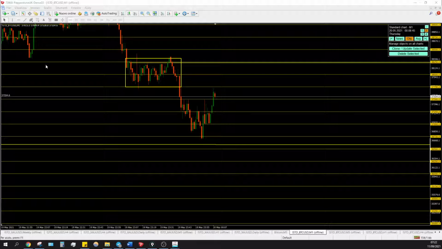We are retesting the lows after breaking down, and then we can see if price breaks above or we can see if price gets rejected, it creates a double top, and then we can maybe take advantage of the break and retest of this 37,500, continuation down.